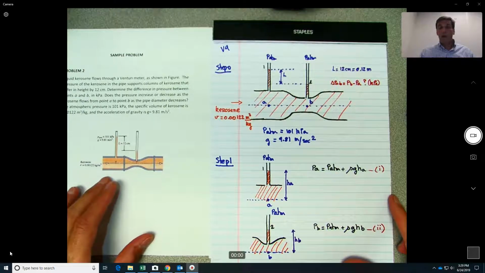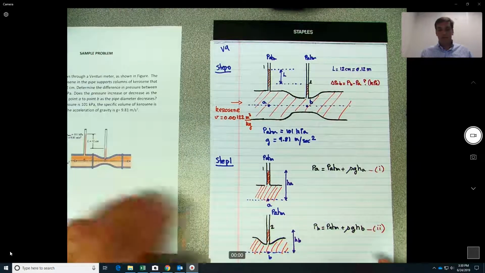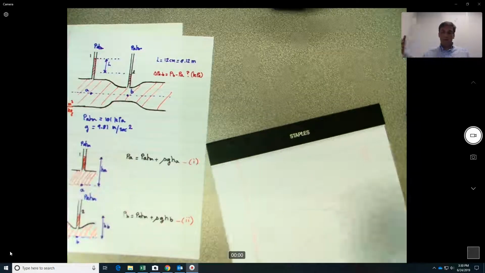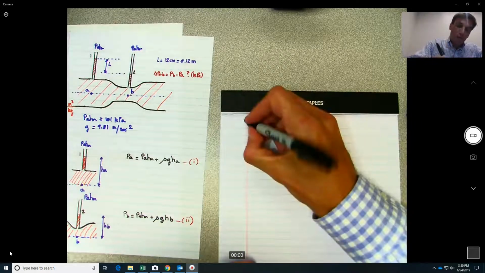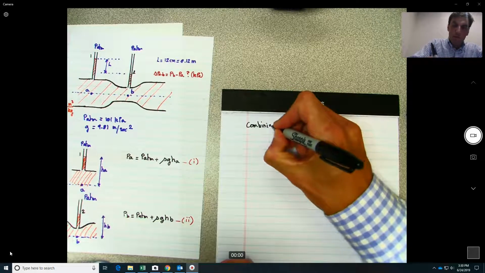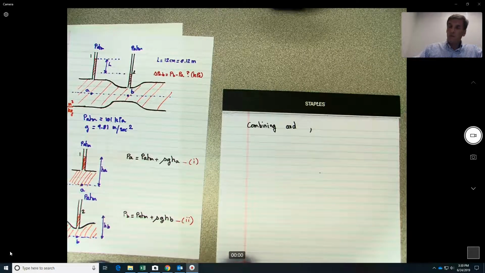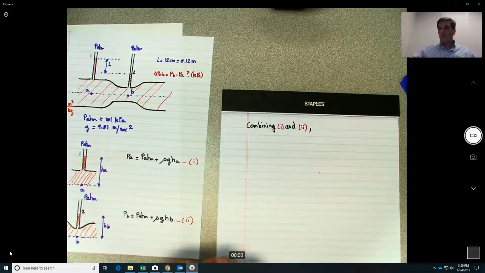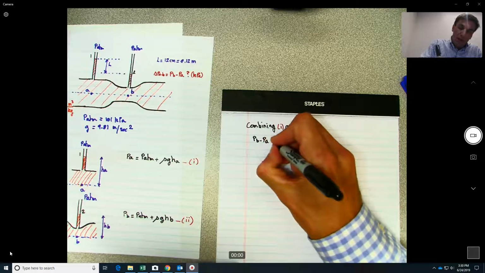So what are we trying to find? The difference between PB and PA. So if we combine these two equations, combining the two equations, we're going to get that PB minus PA will be equal to what?